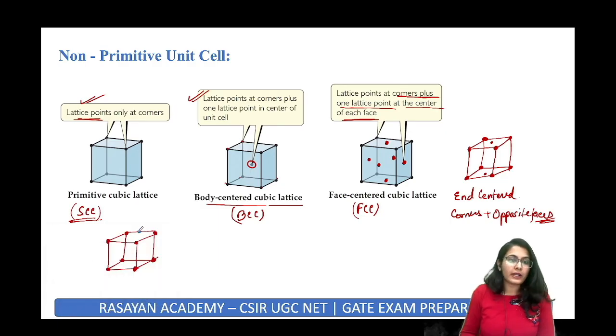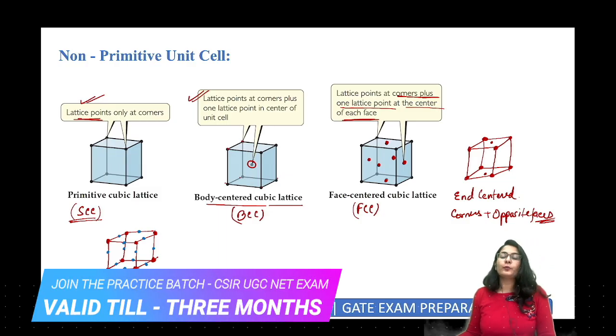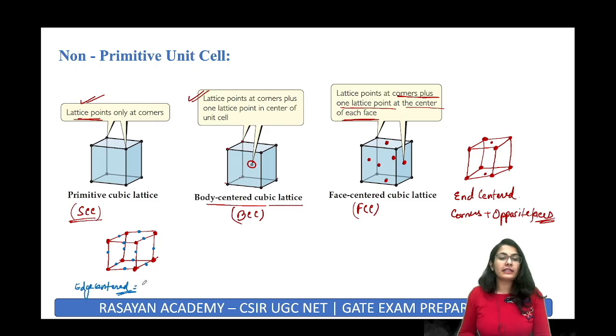On the center of one edge, another edge, another edge. 4 edges on the top, 4 on the bottom. These on the left and right. So how many edges? 12 edges. So this is edge centered cubic unit cell. So I would write here you are having the lattice points or the atoms at corners plus all edges.